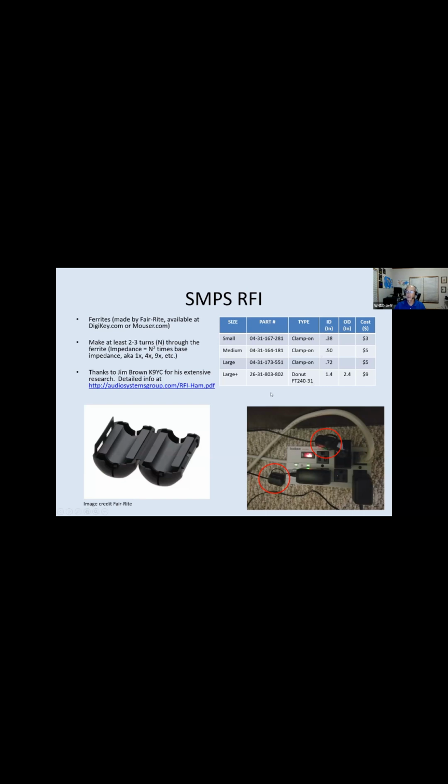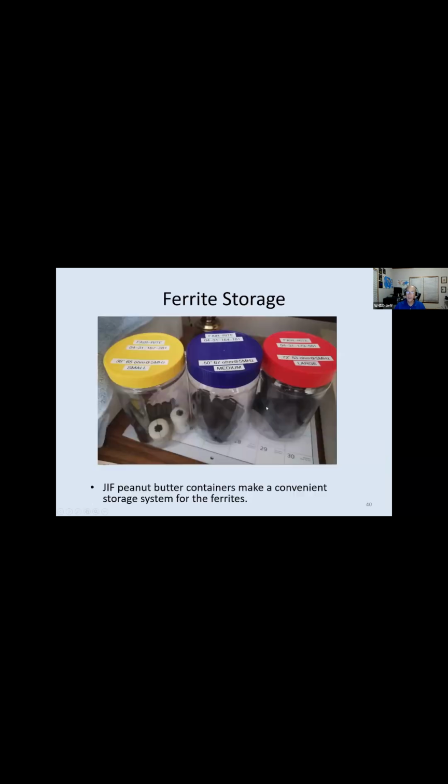I have a supply of toroids. Matter of fact, there we go. There's my supply of ferrites. I have the small, medium, and large. And when I get low, I order some more, and we do group orders to get the high volume discounts, where we order, I think, 30 or 40 at a time of each one of these things. And I store them in some old peanut butter containers after they're cleaned up good, of course.